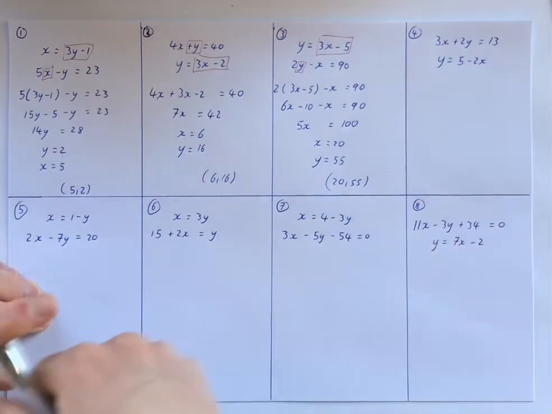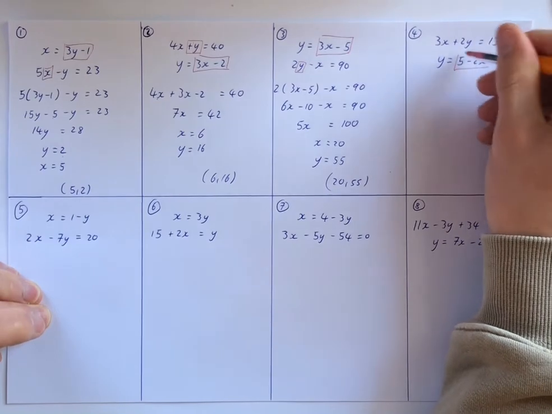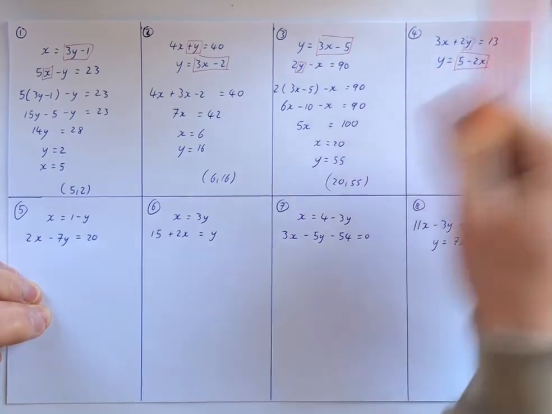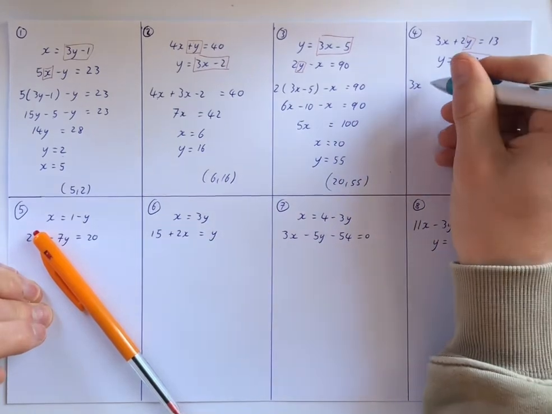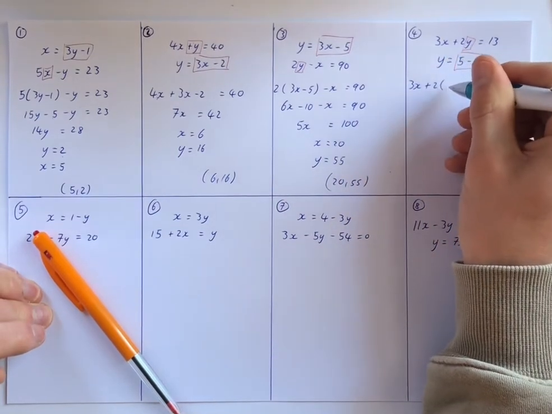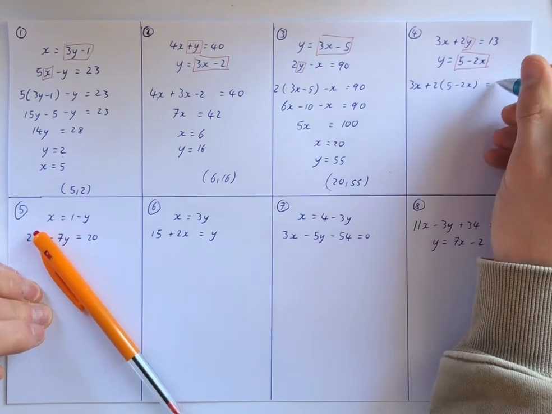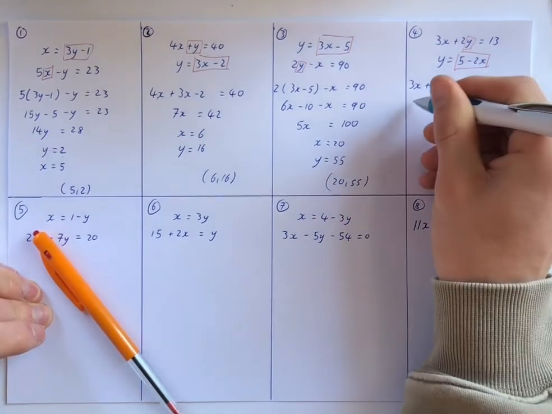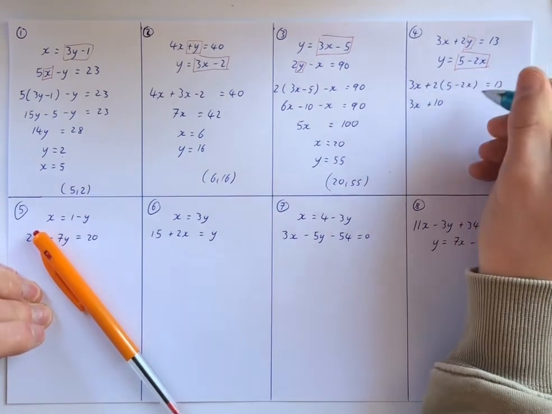Question 4. Okay, y is 5 minus 2x, so it can go into there. Starting to get a little tedious now. 3x plus 2 times that relationship that y has with x equals 13. You guessed it, 3x plus 10 by expanding.